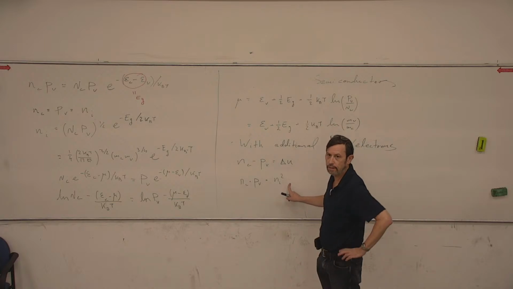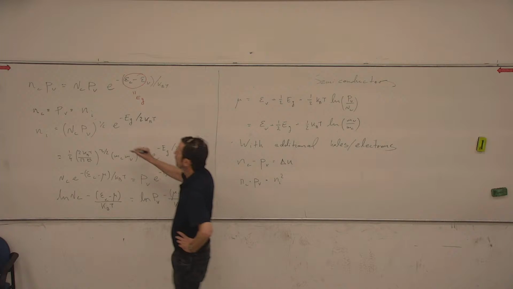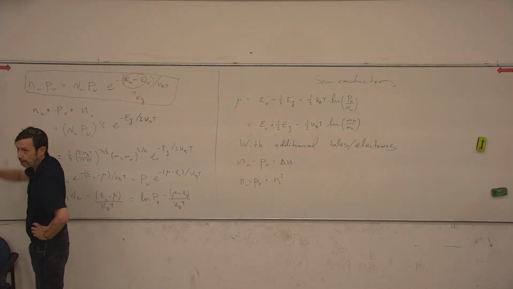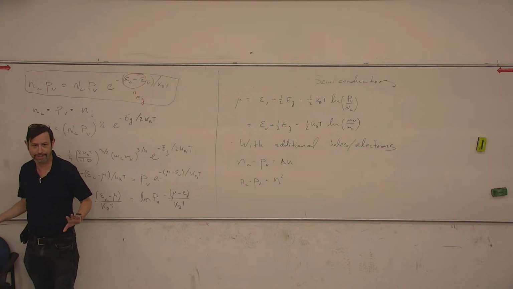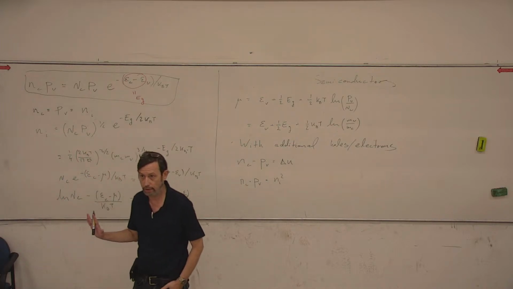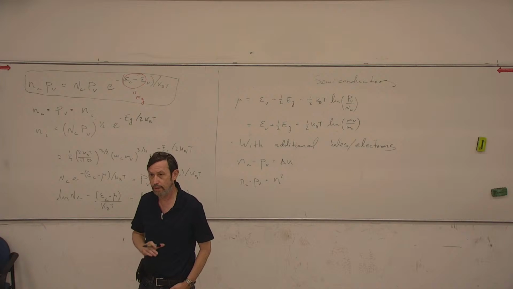What is the difference from what we had before? I'm keeping this definition, right? Here I didn't have any assumption about whether I have excess electrons or holes. I didn't assume anything. I just put in the temperature and looked at the population.